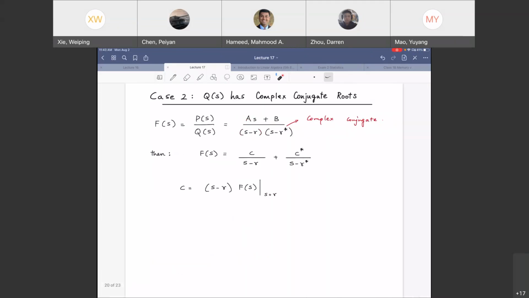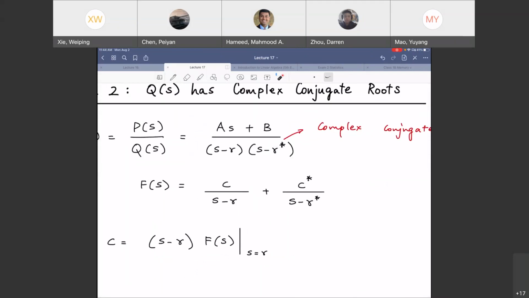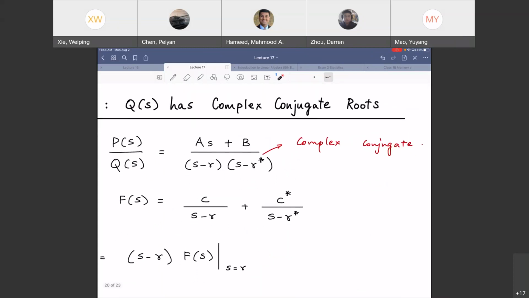Okay, next, case 2. Q of S has complex conjugate roots. So I have P of S divided by Q of S, my numerator, and they're both proper. In this case, I have numerator written as AS plus B divided by S minus R multiplied by S minus R complex conjugate. So in this case, I have complex conjugate roots.